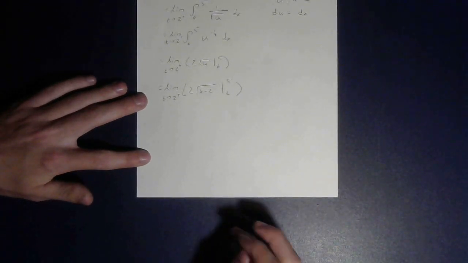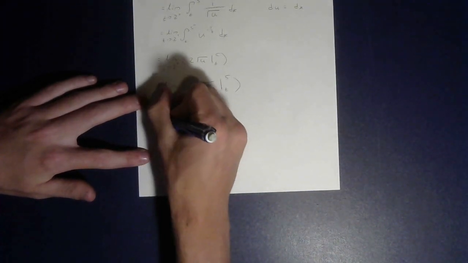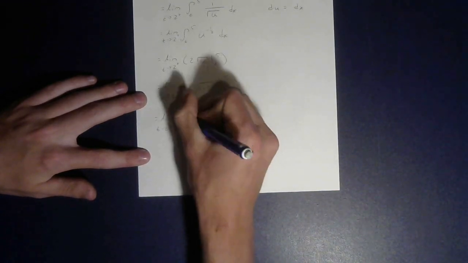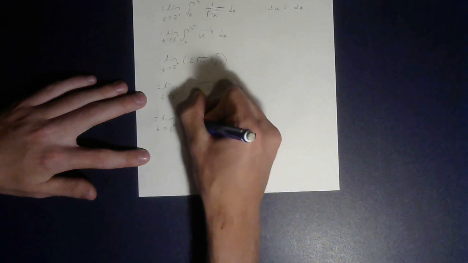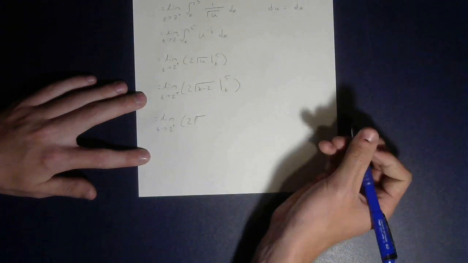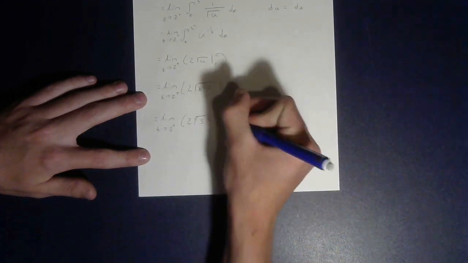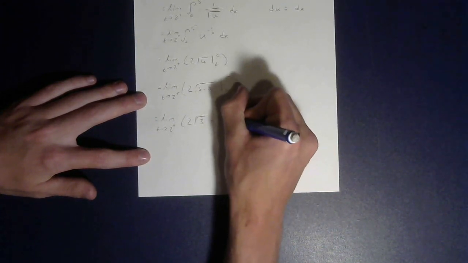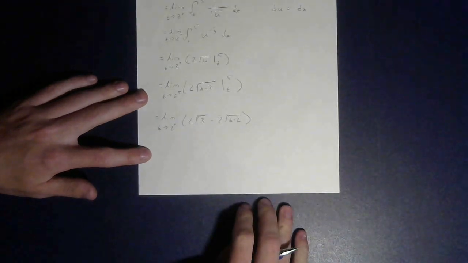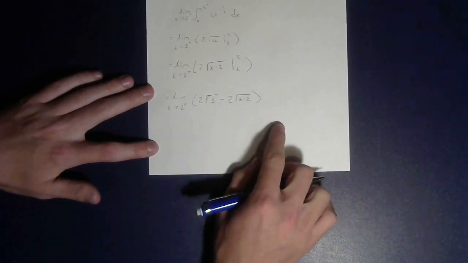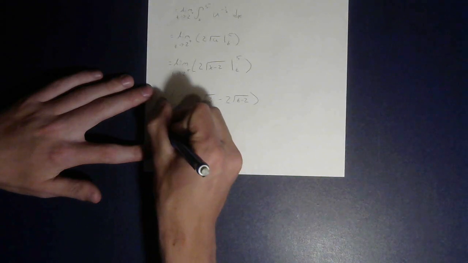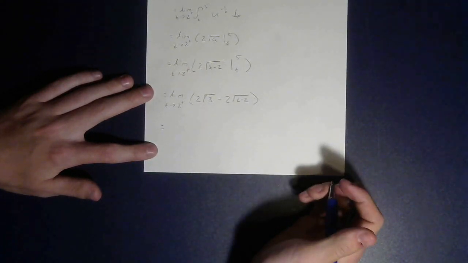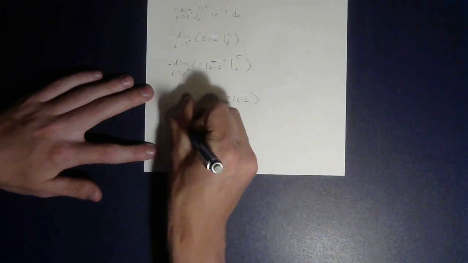And then we plug in our bounds. So limit as t approaches 2 from the right of 2 times the square root of 5 minus 2, which is 3, minus 2 times the square root of, we plug in t for x, t minus 2. And then we are going to take the limit of this. So the limit as t approaches 2 of 2 square root 3 is just 2 square root 3.